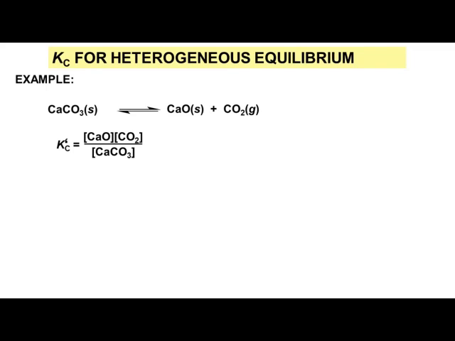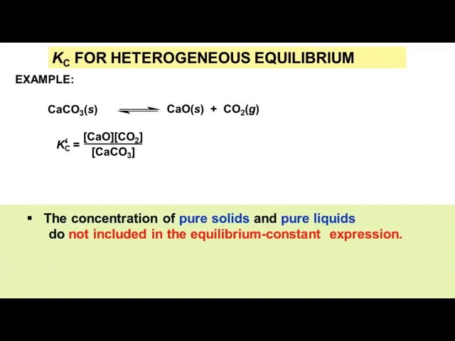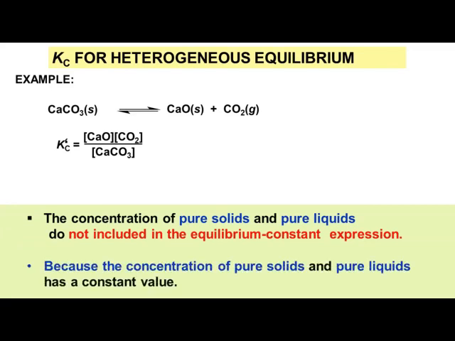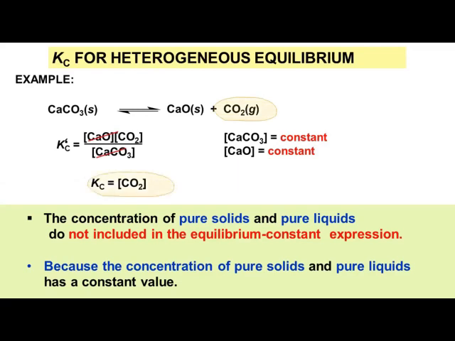However, the concentrations of pure solids and pure liquids shouldn't be included in the equilibrium constant expression because their concentrations are constant values. Hence, the equilibrium constant expression should be just Kc equals the concentration of carbon dioxide.